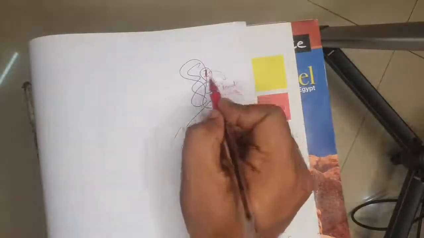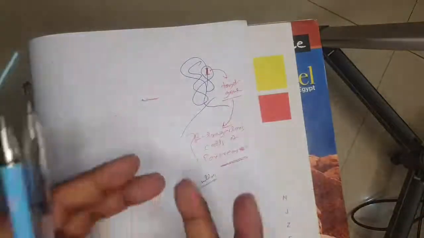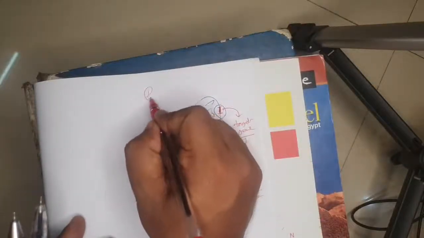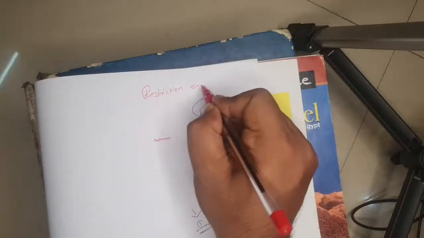Now, when we separate out or cut out the target gene, I had told you previously that to cut open the target gene and break it out, we need a special class of enzymes. Those enzymes are known as restriction endonucleases.